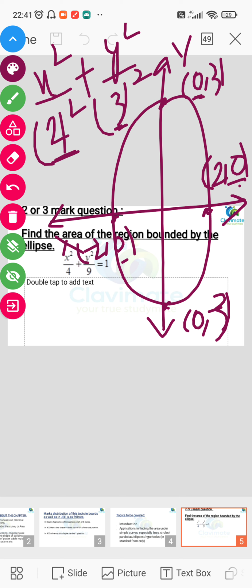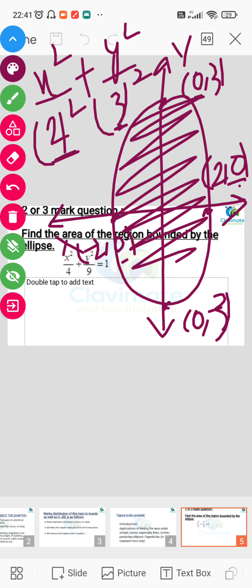So this is our ellipse, and we have to find the area of the region bounded by this ellipse, that is, the area of the shaded region.